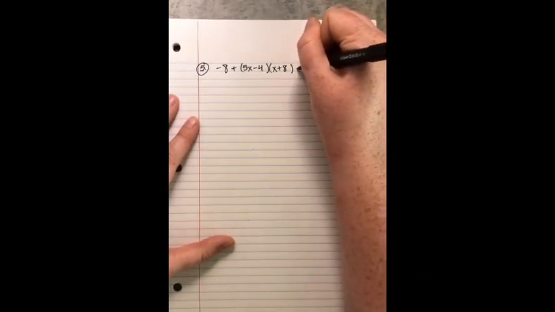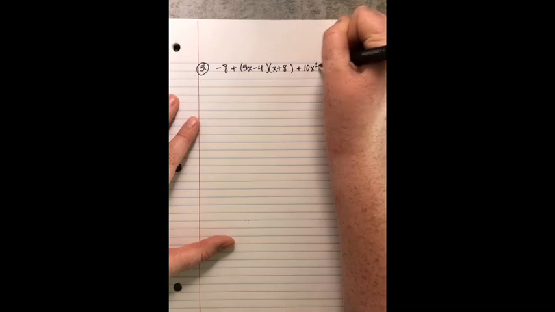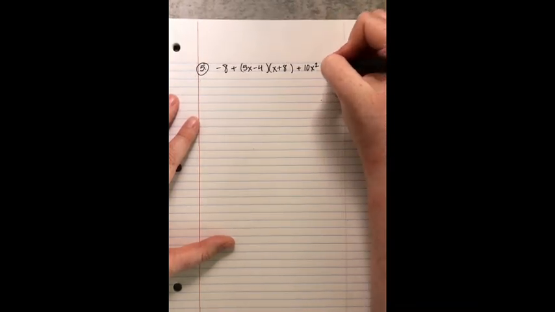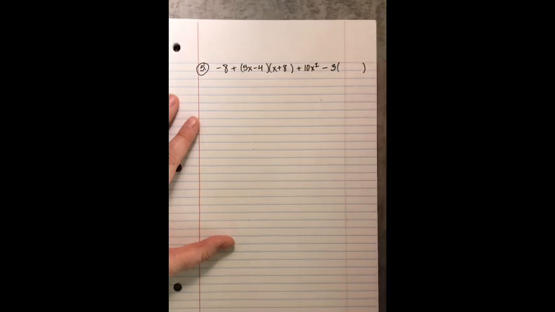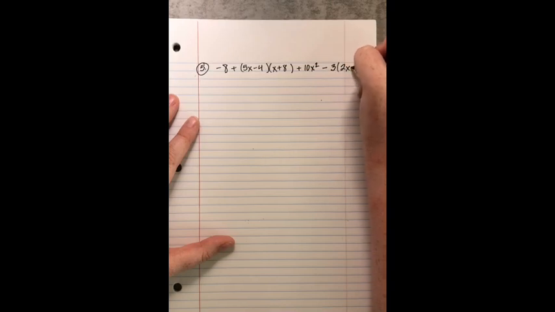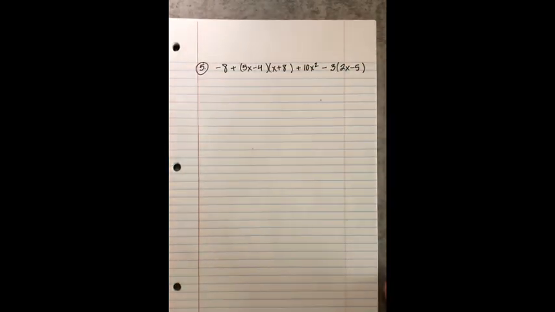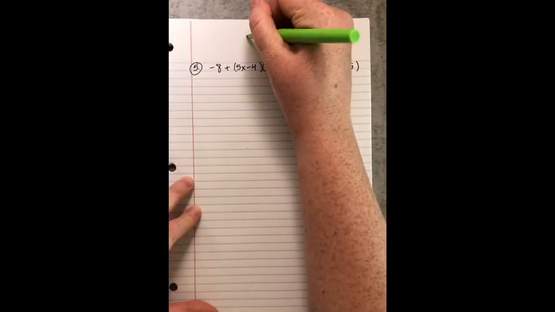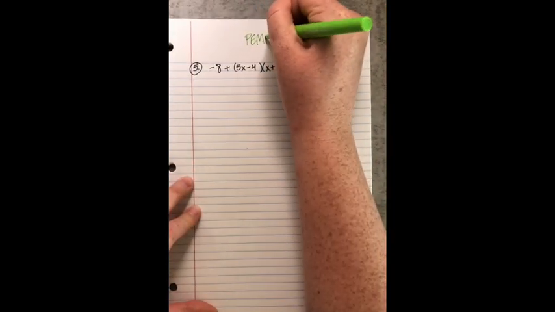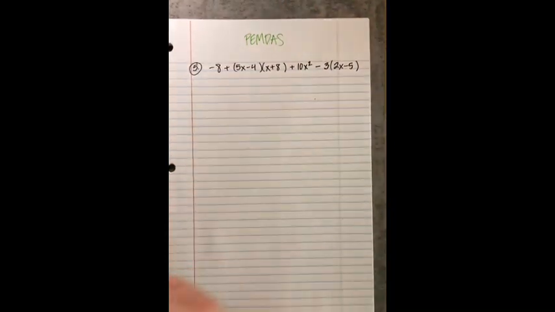You're going to add 10x squared and then subtract a 3 that's being multiplied by parentheses 2x minus 5. Holy cow. Make sure you take the time and see if you wrote that down correctly. So remember, we always, always, always want to follow order of operations. Okay, pause the video, try it out.